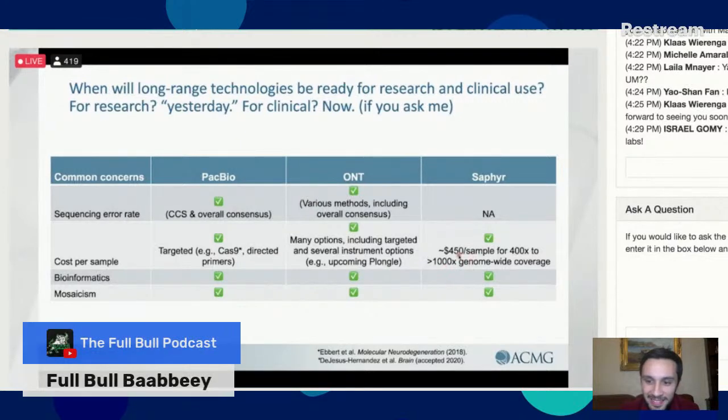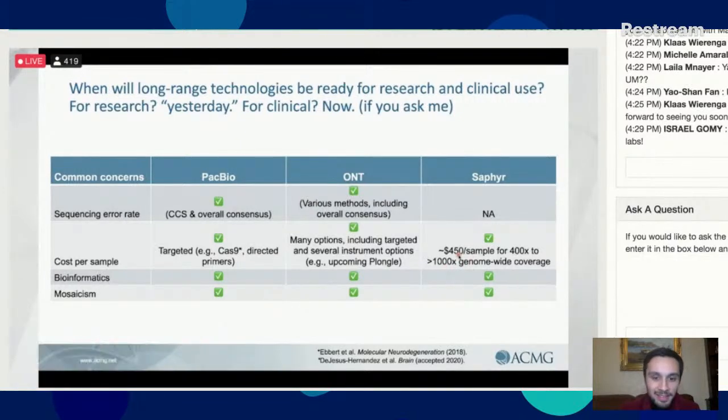For the Saphyr, it's really easy to get sample pricing down to $450 per sample for 400x coverage minimum. I mean, that's really the low bar. It's actually quite easy to get well over 1,000x coverage genome-wide with the Saphyr.